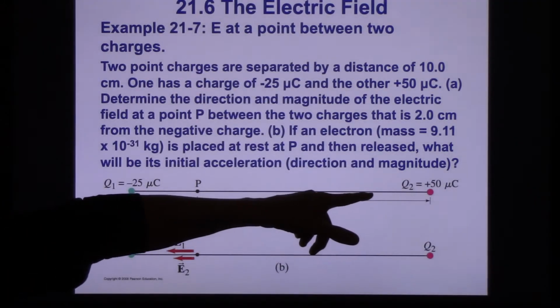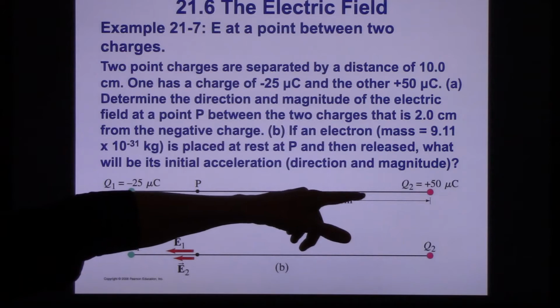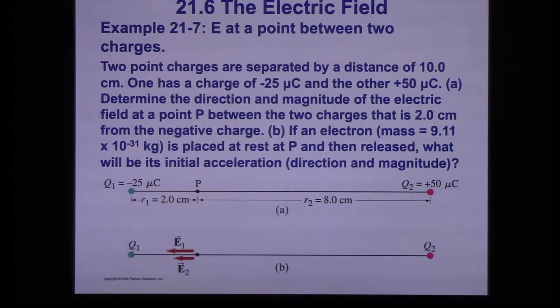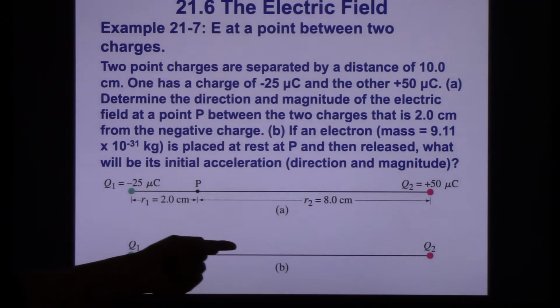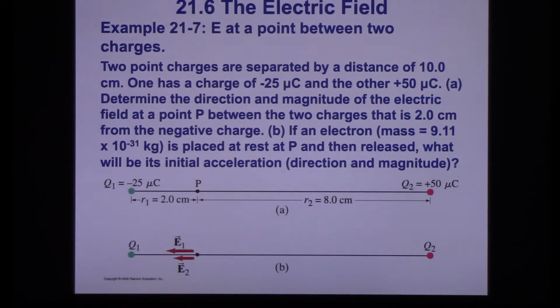The electron will be attracted by charge 2. So that electron will have forces acting on it. Electrons are negative. So the forces acting on the electrons will be exactly opposite to the electric field. So that's how forces and fields are going to be related here.